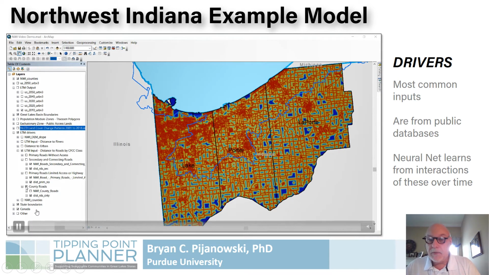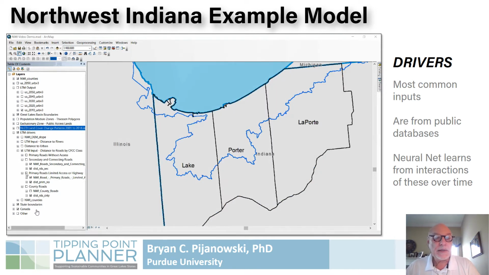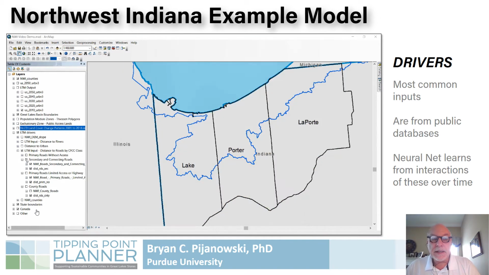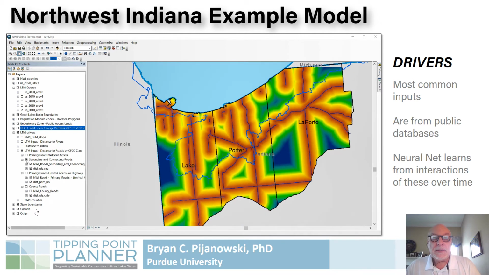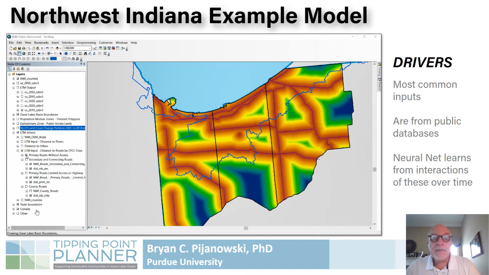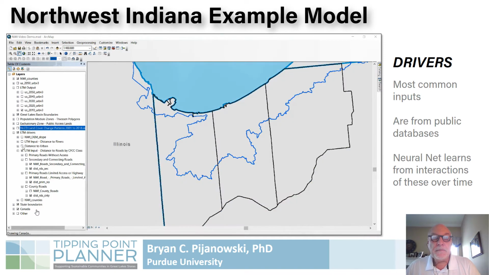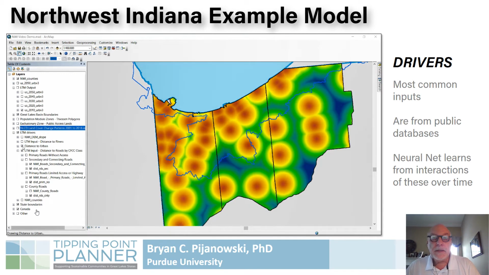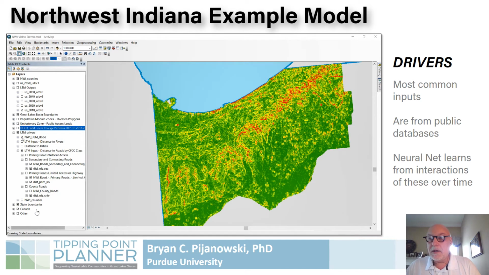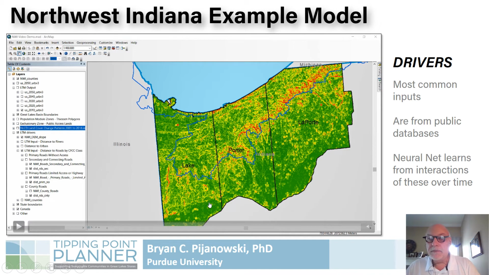We would calculate, we do calculate distance to county roads, distance to primary roads, distance to secondary and connecting roads, distance to primary roads without access, distance to current urban, distance to rivers, and then occasionally we use the slope of an area to be able to have the neural network learn about patterns of change.